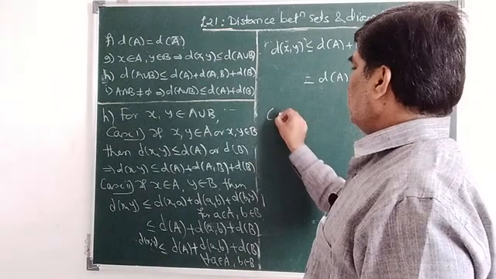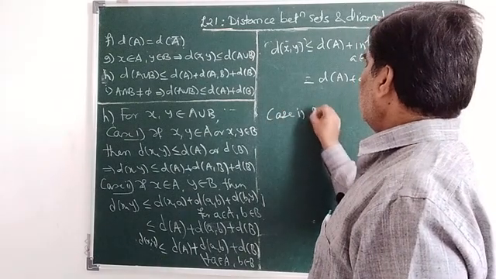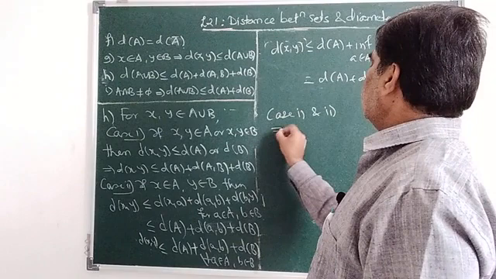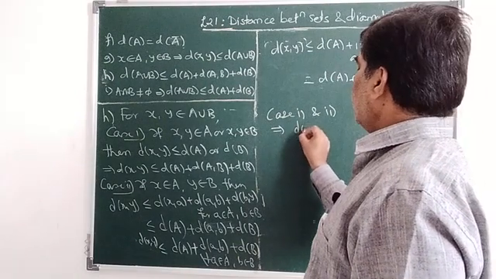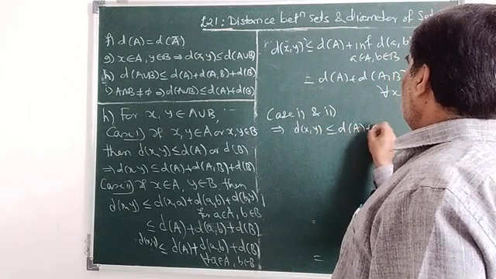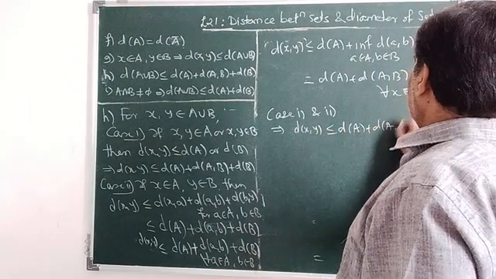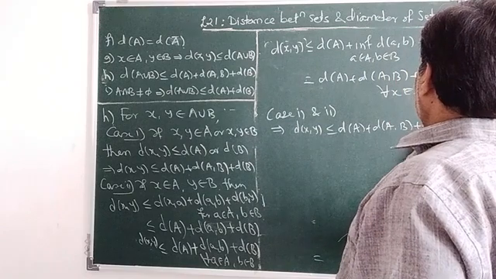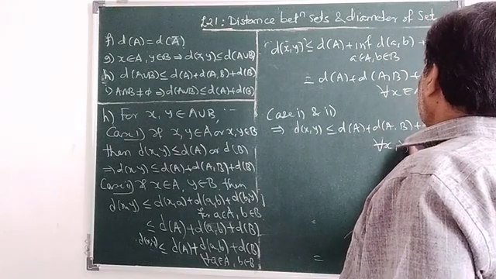From case 1 and 2, d(x,y) is less than or equal to d(A) plus d(A,B) plus d(B) for any x, y belonging to A union B.